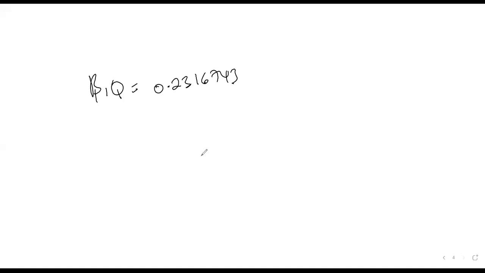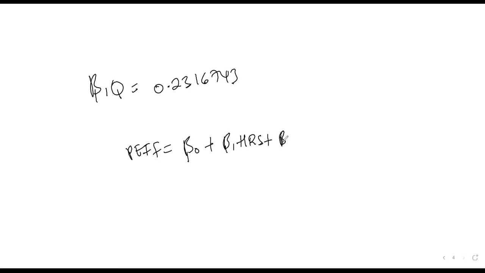So remember, the dependent variable was performance, right? So we have performance is equal to the intercept beta naught plus one of the independent variables was HRS. So beta 1 HRS plus another independent variable was income.